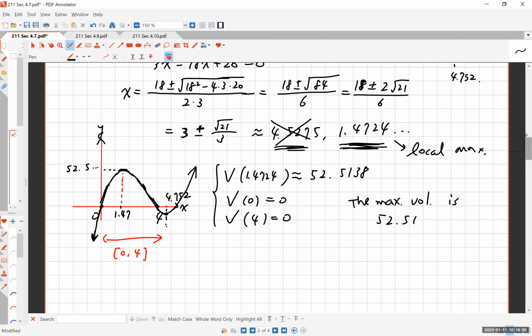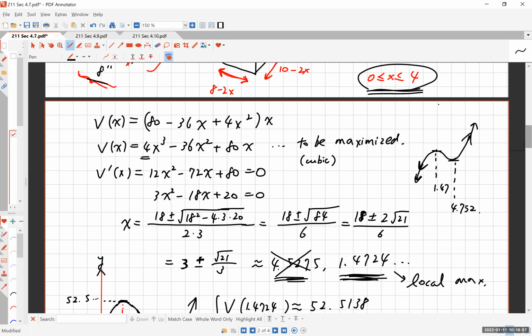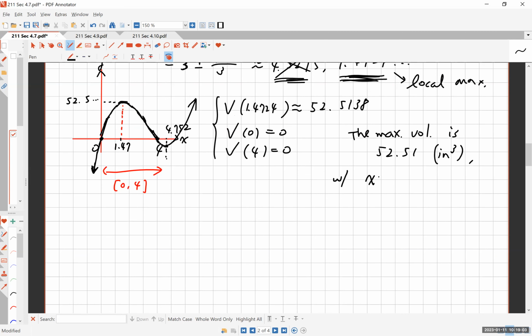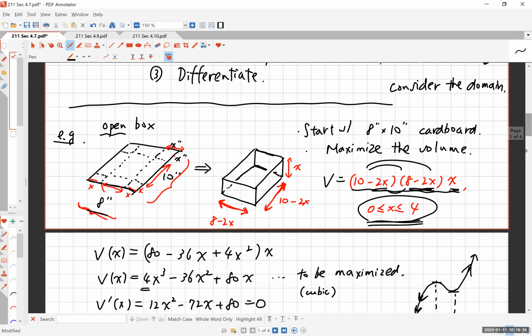In this case, I think we used inches. So this is going to be not square, but cubic inches, with x equals approximately 1.47 inch.